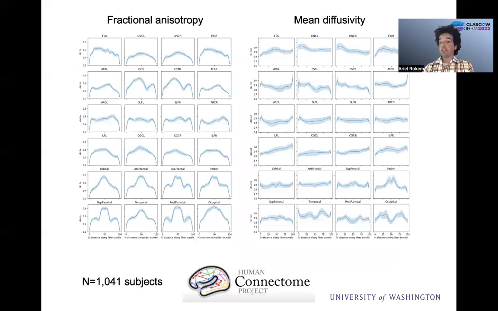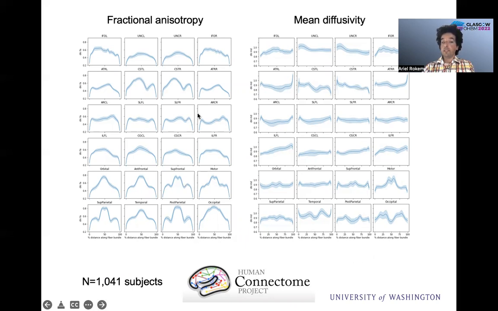So here's an example of this. This is with the Human Connectome Project dataset, the 1,041 subjects that have a full diffusion MRI dataset in 24 different major bundles. And you can see that there's systematic variation along the length of many of these major bundles. On the left here is the fractional anisotropy, and on the right here is the mean diffusivity in these 24 major bundles.